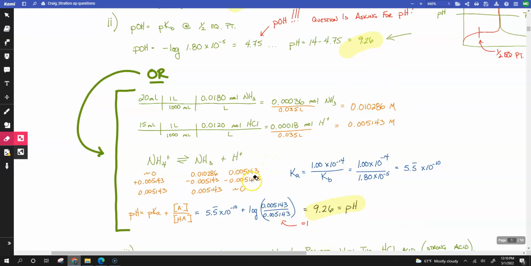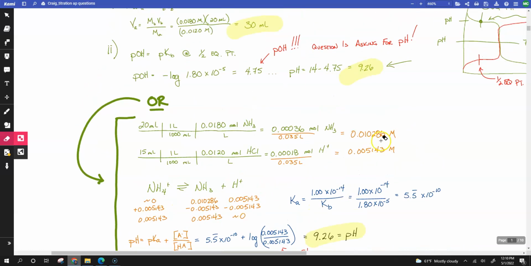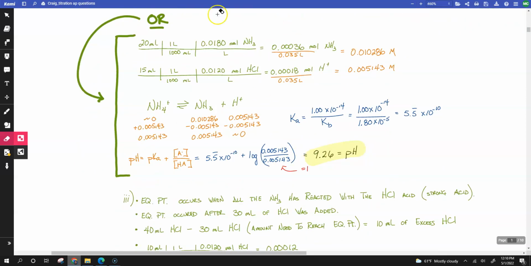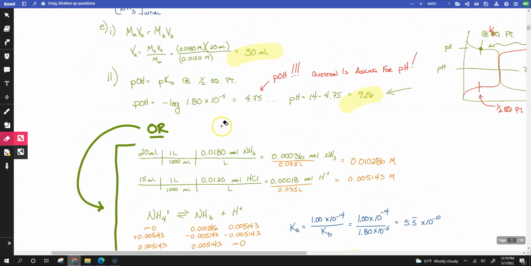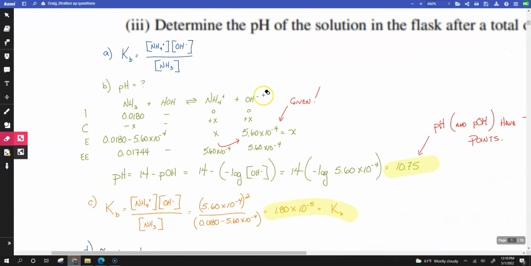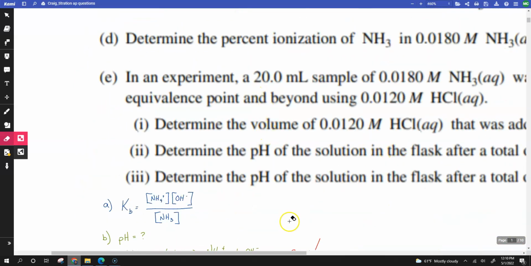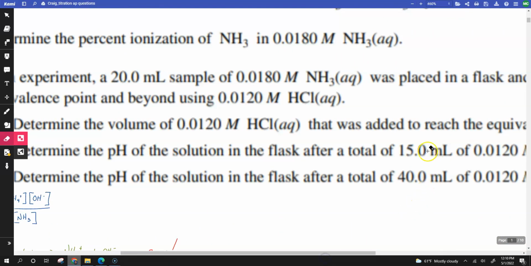Okay, so again, when we're finding out what a pH is, this process will never let you down, but College Board did say, okay, you know what the equivalence point is, 30 mL, and they were saying, okay, what happens if you add 15 mL of your strong acid?